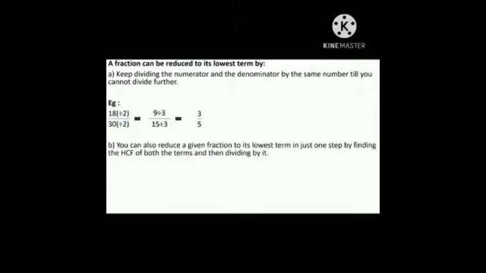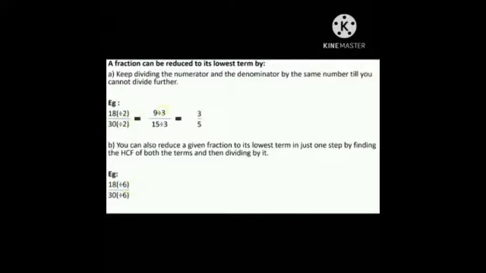Again, you can also reduce the given fraction to its lowest term in just one step by finding the HCF of both terms and then dividing by it. We will take here the same example, 18 upon 30. So the HCF of 18 and 30 is 6.